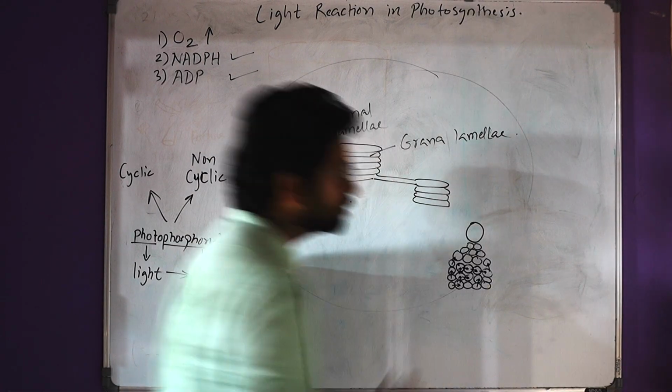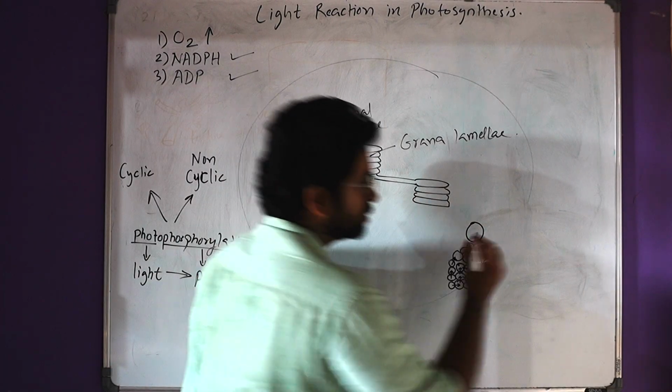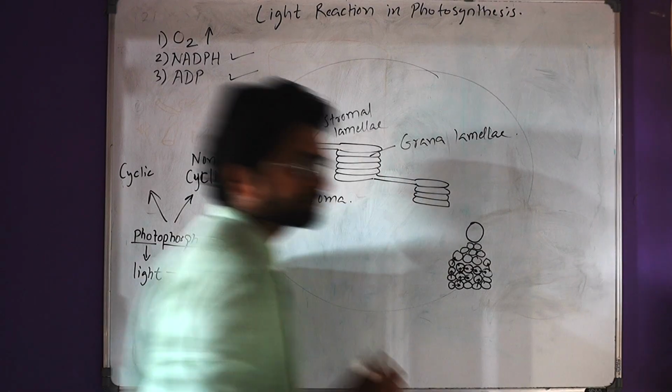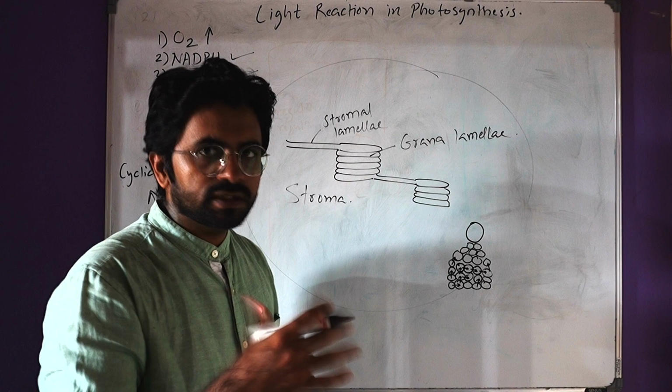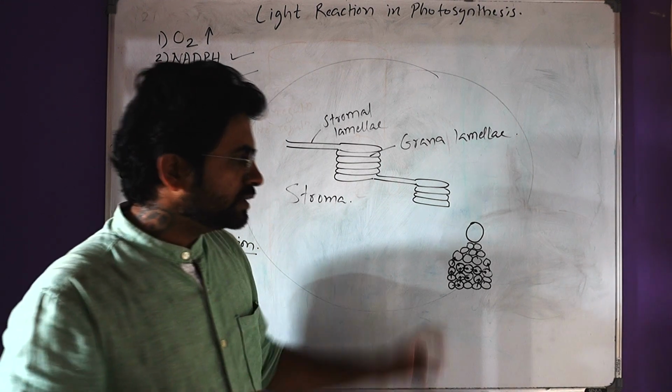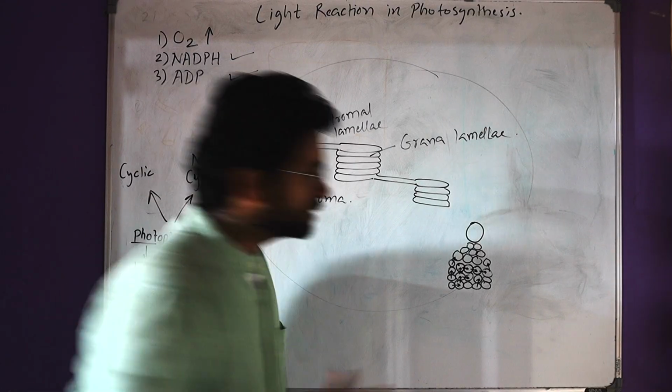because of this exceptional chlorophyll A, which is mentioned in your NCERT also, is a specific chlorophyll A which is different from other chlorophyll A. Now when we say other chlorophyll A, how many chlorophyll A are there?